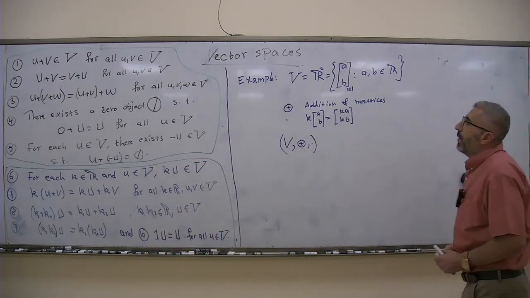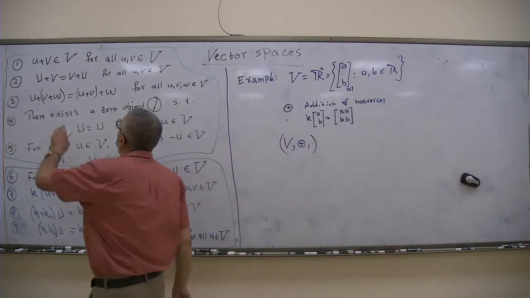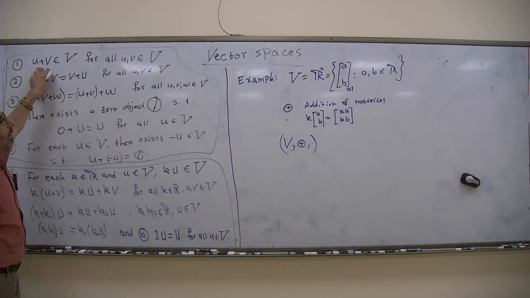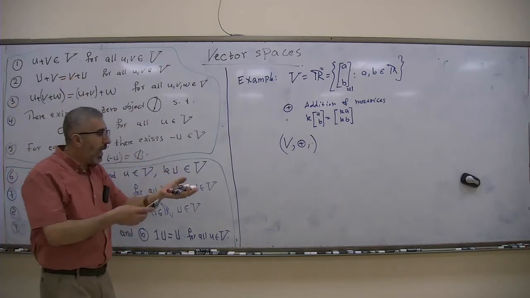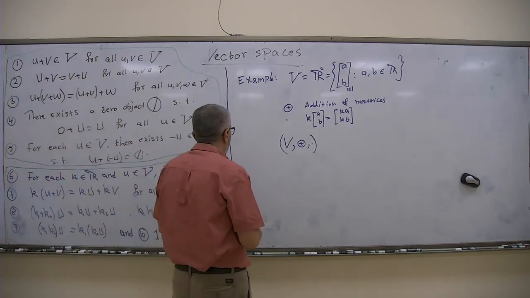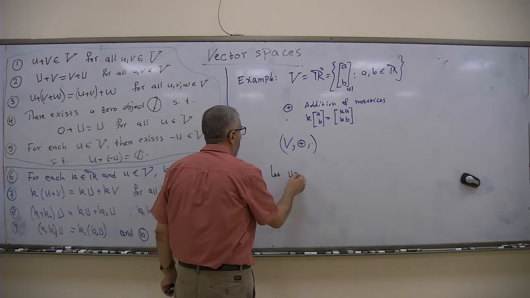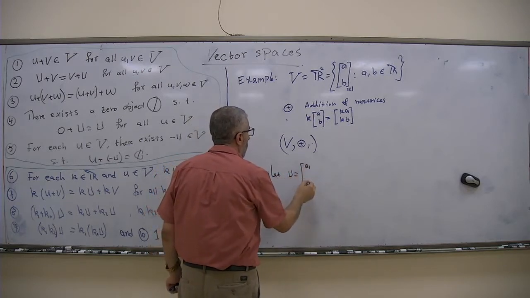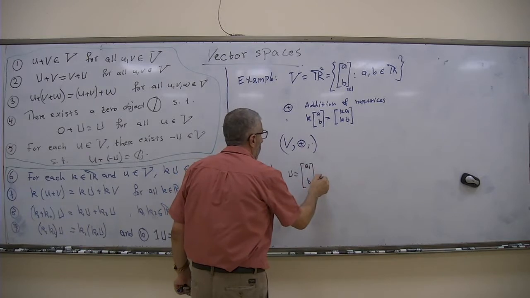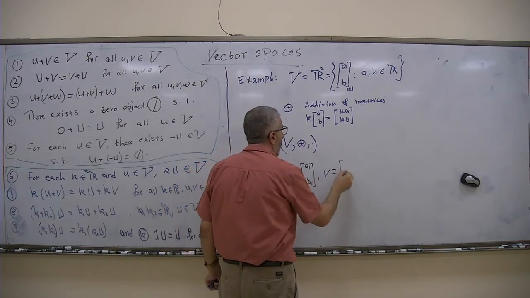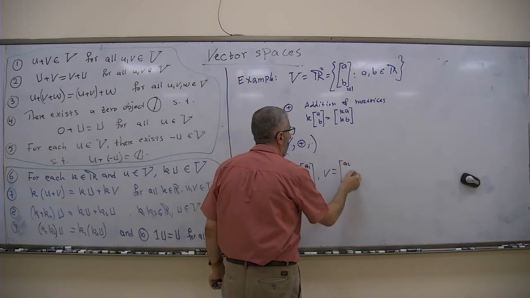All right. So let's think about the first one. If I take two objects or two vectors in my set and I add them, how do we add? Let me clarify that. Let u equal (a1, b1), v equal (a2, b2).